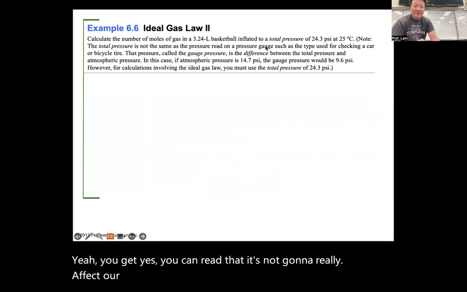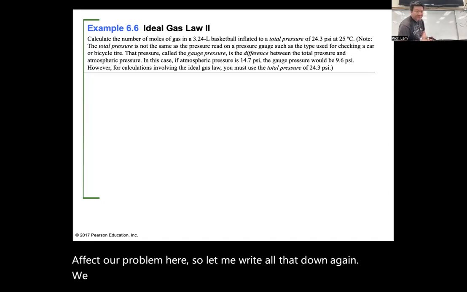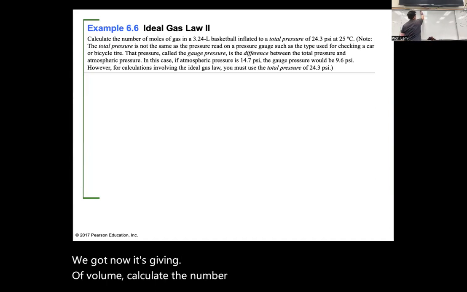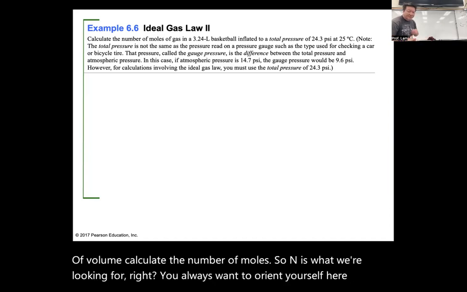So let me write all that down again. Now it's giving us a volume. N is what we're looking for. You always want to orient yourself here. That's why I do this every time.